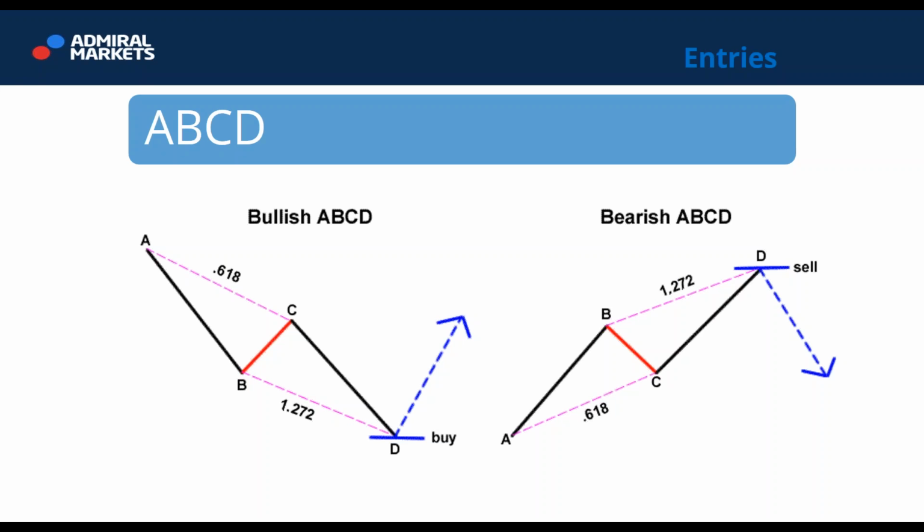PZ indicator is good, it's free, so this is not marketing for that kind of indicator. I have it myself, it's a good one, but I don't pay attention to arrows. I will explain.